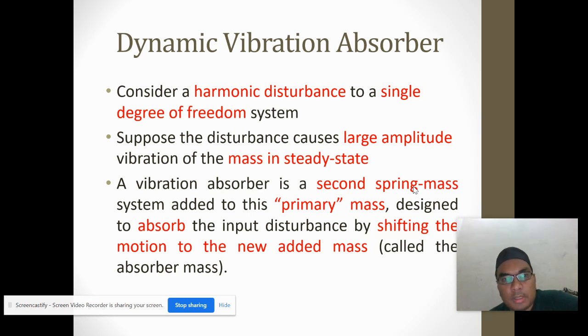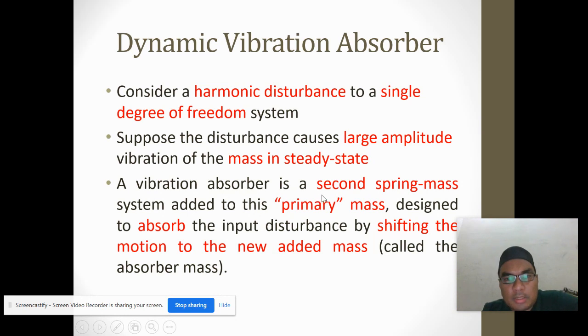It's similar to the previous lecture on the forced 2 degree of freedom system, but the other degree of freedom is to reduce the vibration of the primary system. Suppose that the disturbance causes a large amplitude of vibration of the mass in the steady state. We always consider the steady state condition.